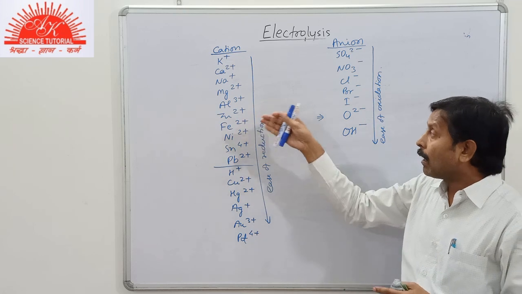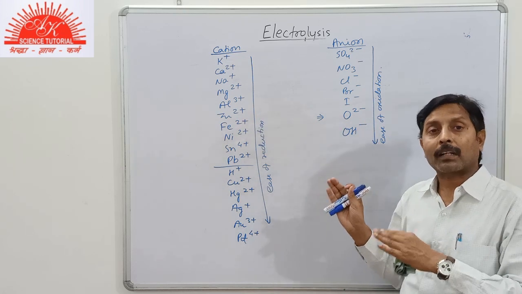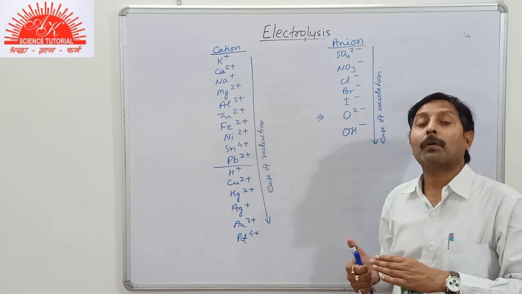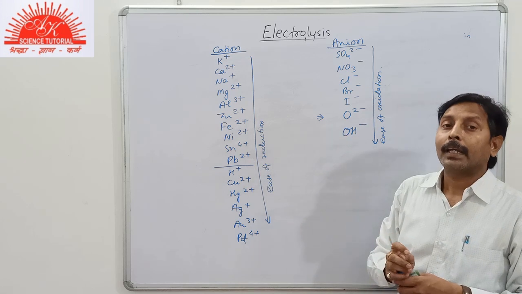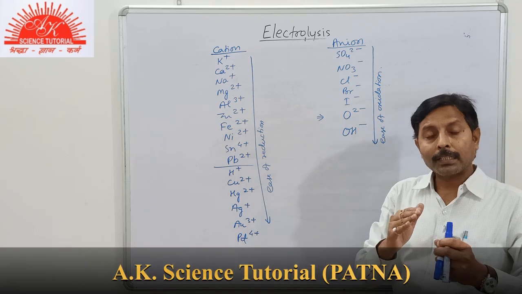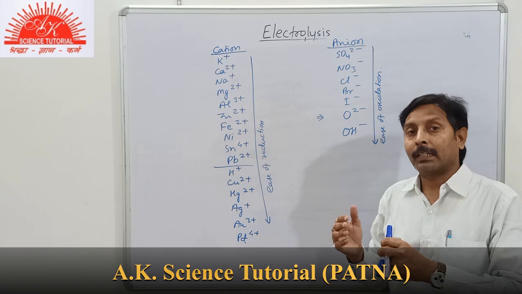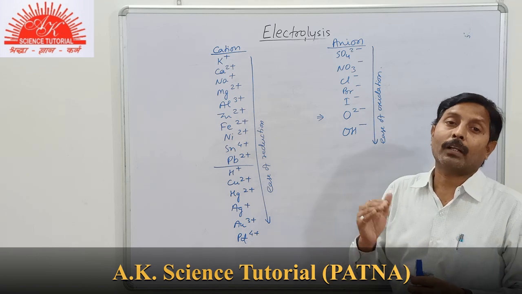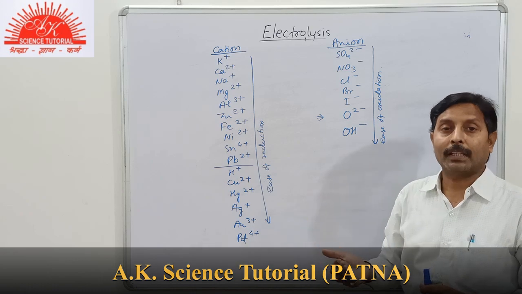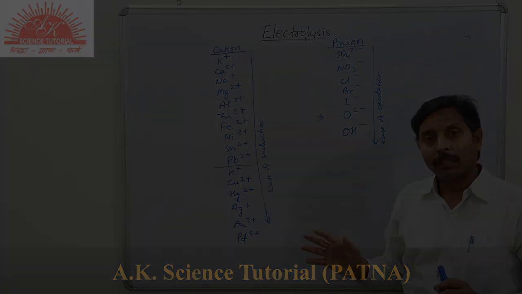So this is about the different terms and factors studied in electrolysis. In the next part we will study the preferential discharging of ions, that is, if there is more than one cation or anion in the solution, which will be discharged preferentially. Clear, students? Thank you.